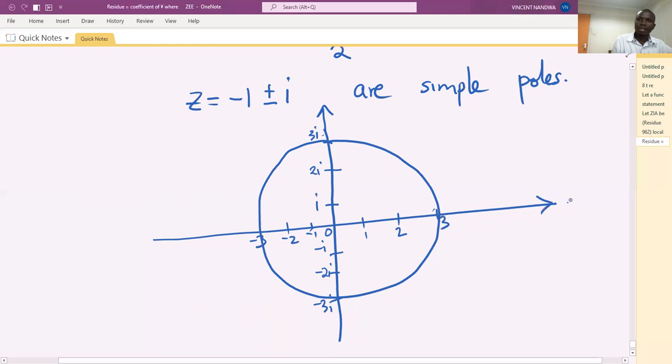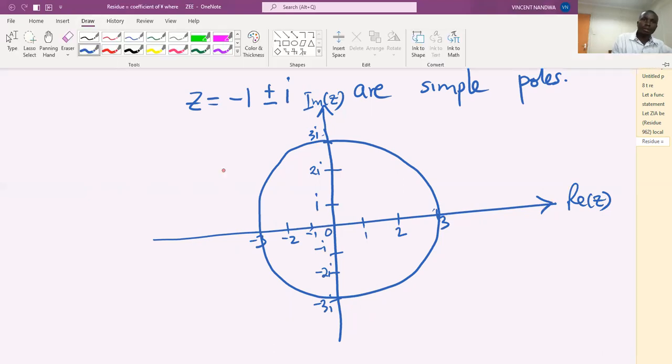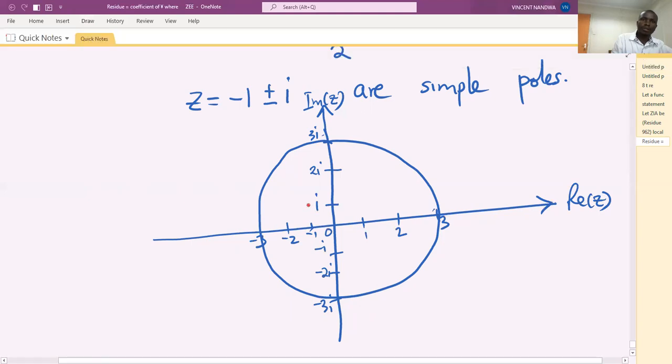So this is the real axis. This is the imaginary axis. Now minus 1 plus i will be at this point, minus 1 minus i will be at this point, and 0 will be at this point.